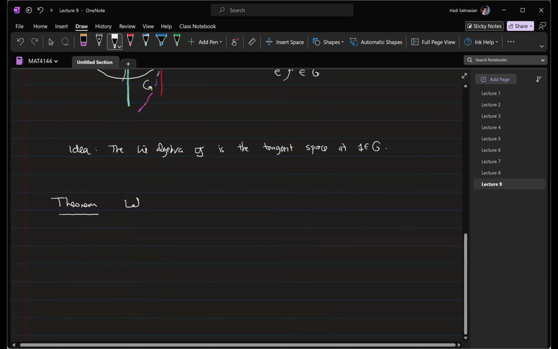So let G inside GL_N(C) be a matrix Lie group with Lie algebra g.